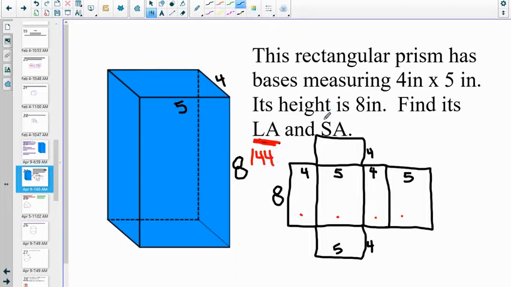And then so we'll do the surface area in blue. The surface area, well, I already found that the lateral area is 144. So I'm going to take that 144 that is my lateral area, and I'll tack on the area of this base plus the area of that base. They're both the same thing.